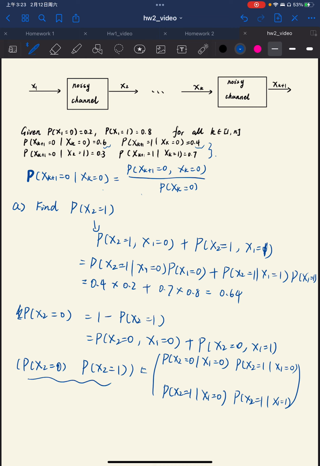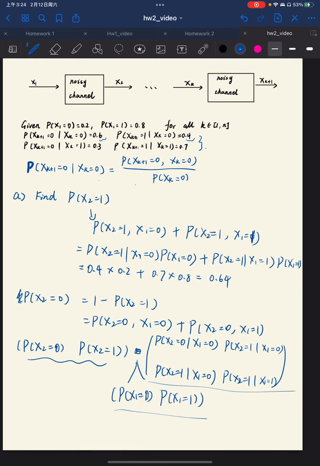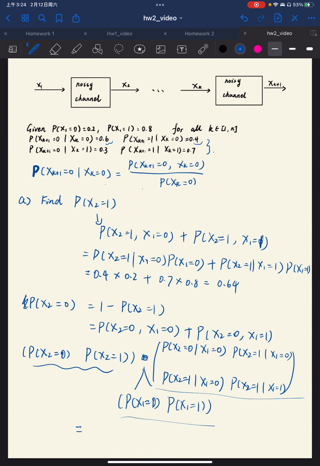So this is equal to the row vector of the probability of x1 equals 0 and x1 equals 1, times the matrix here. So we can also write it as 0.2, 0.8 times the matrix 0.6, 0.4, 0.3, and 0.7. Similarly, we can calculate the other result in the same way. And this general form will be used in the following part.